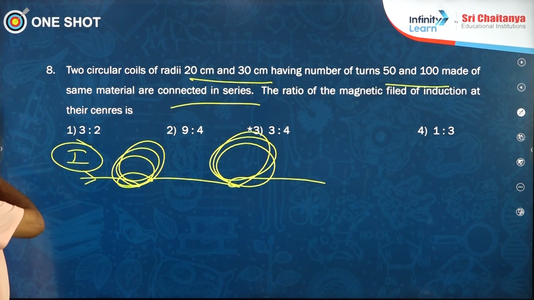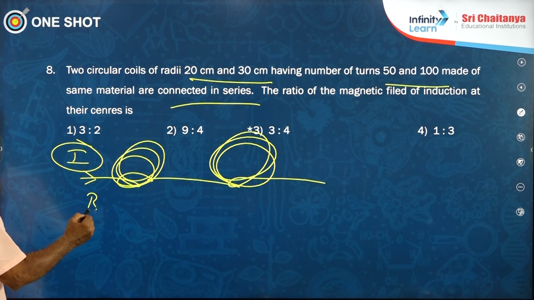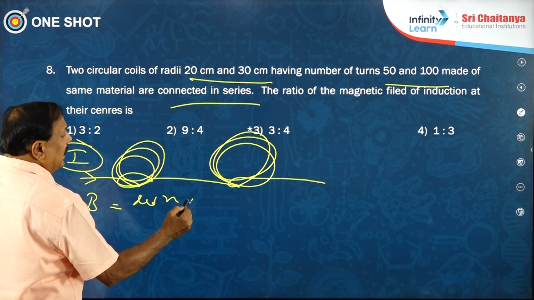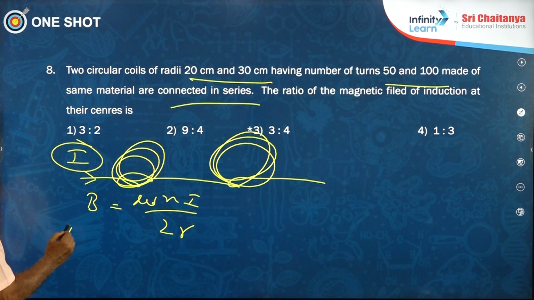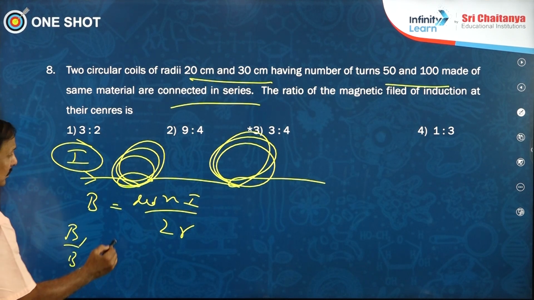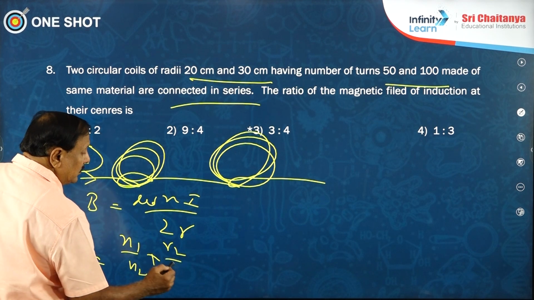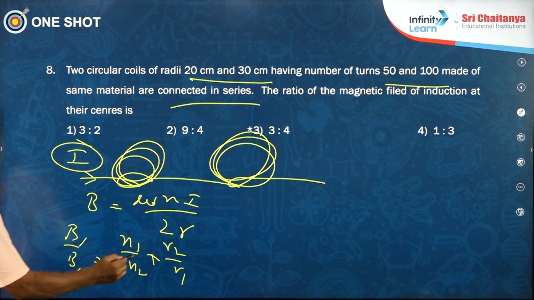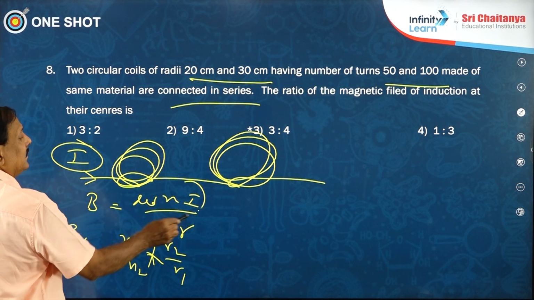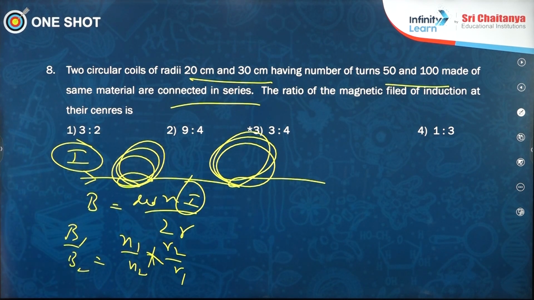Current will be the same. So, therefore, B is equal to mu naught Ni by 2R, and B1 by B2 is equal to N1 by N2 into R2 by R1, because the current is the same, we can write like that.